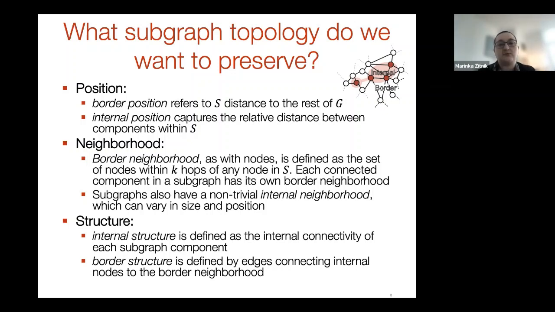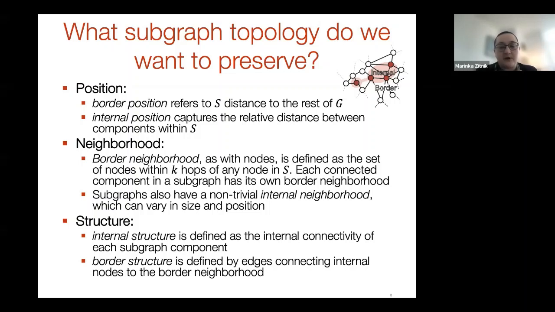That is what position captures. And then we can study that position from the standpoint of border position or internal position, which would be the relative distance between components of the subgraph, if the subgraph has multiple disconnected components.